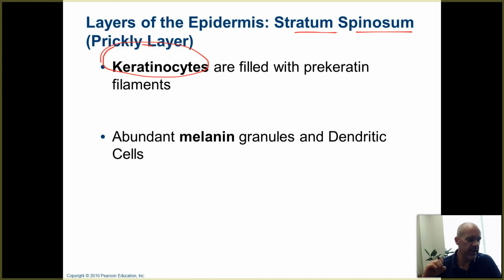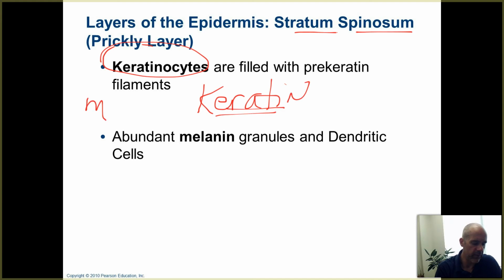Okay, so keratinocytes are a particular type of cell that we have in the stratum spinosum, and their main job is they are in the process of making keratin. That's their big job, and they are filling up on the inside with what can be called pre-keratin filaments. So it's not completely mature keratin, it's in the process of being made.